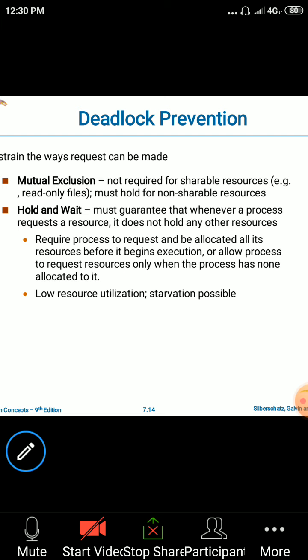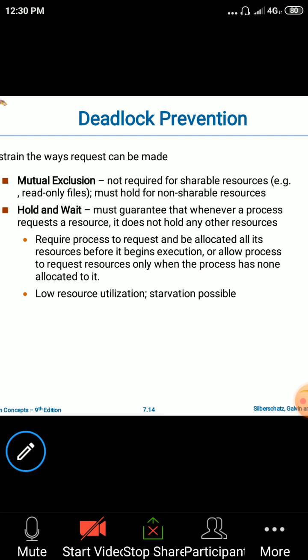And in the second method, the process is allowed to request resources only when it has none. So consider the same example. Initially it does not have any resources, then the process requests resources. It requests the DVD drive and the disk, and both are allocated.